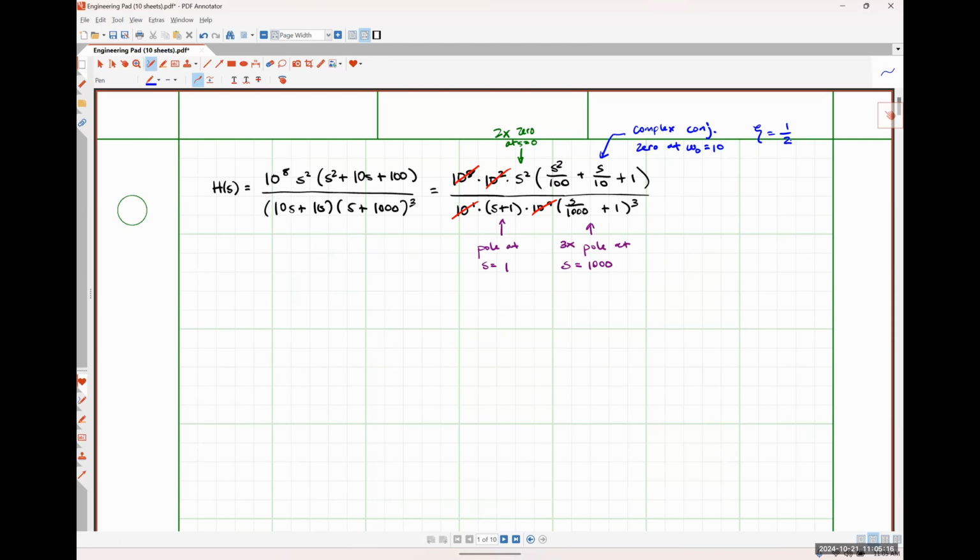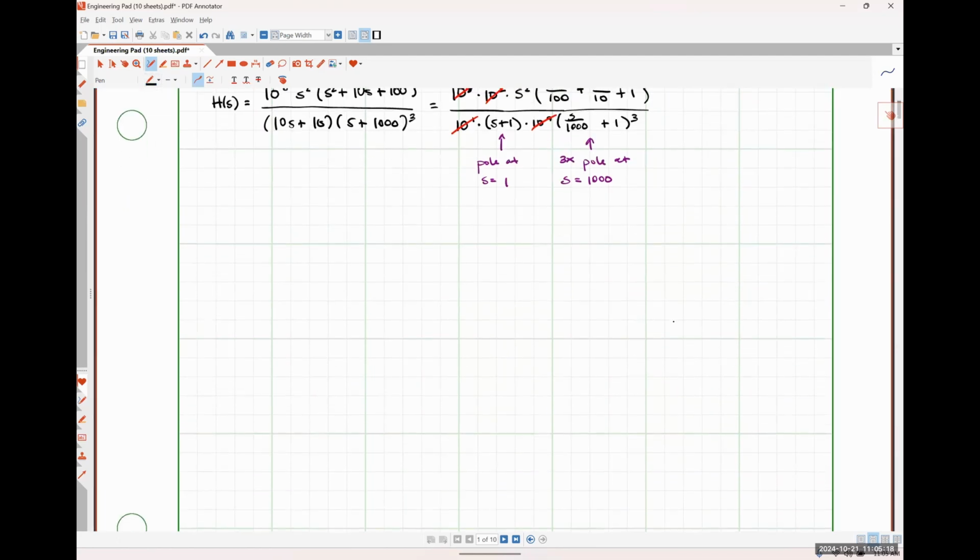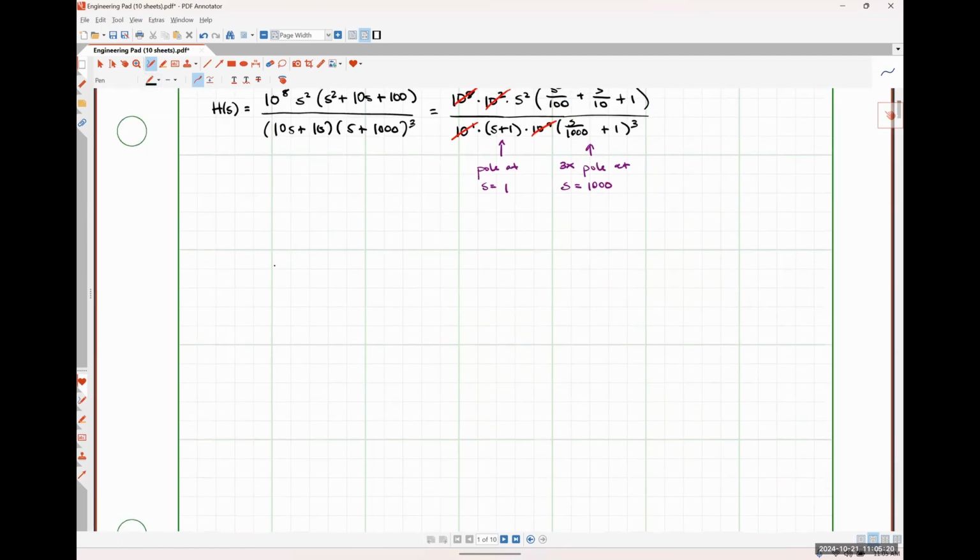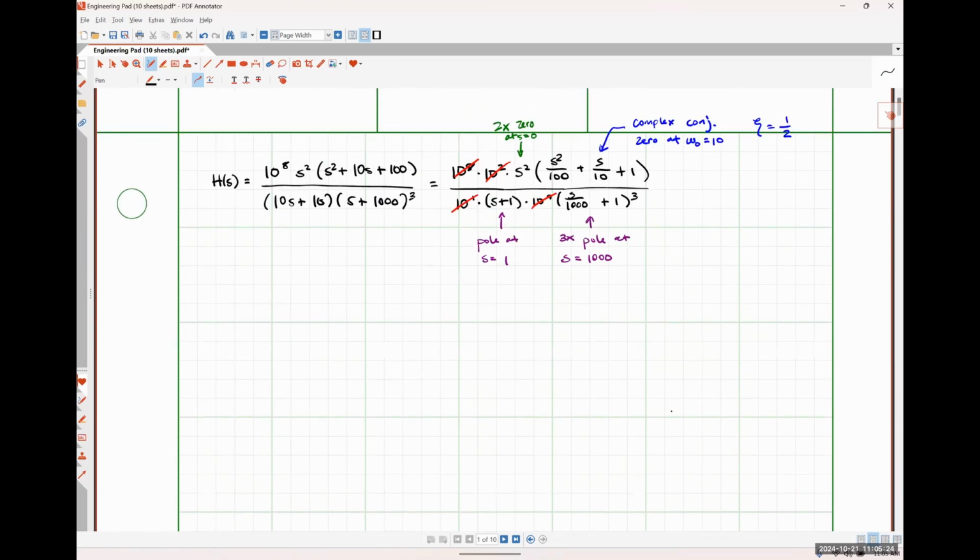So let me put all of this stuff together. Let me get my notes because I don't remember what the equation is. I just remembered that I made that specifically so that you wouldn't have to mess with anything.